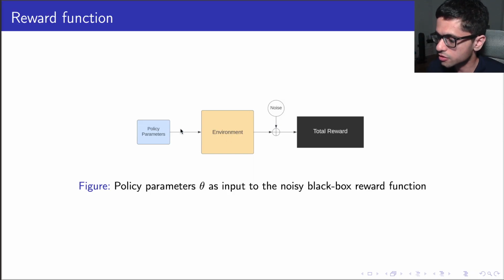There is randomness due to the policy, and then there is randomness in the environment, which combine, and at the end we end up with a total reward. So there is no explicit gradient here, except what is provided from the policy gradient theorem. So at the end, we have this black box function, total reward.